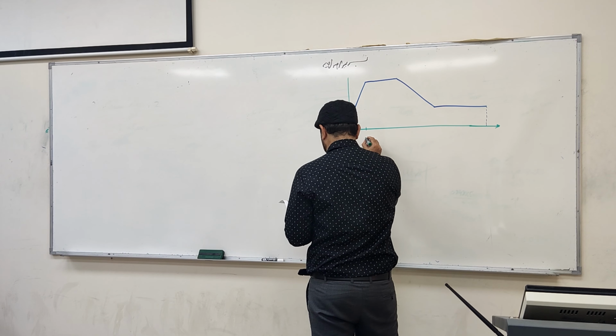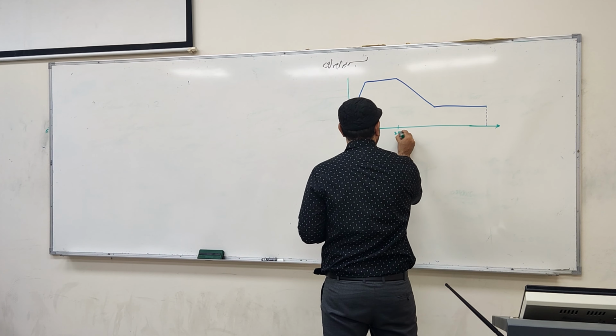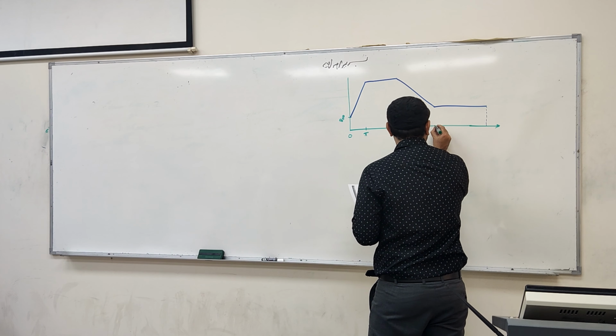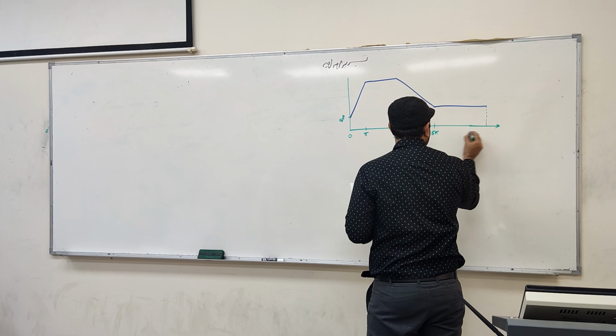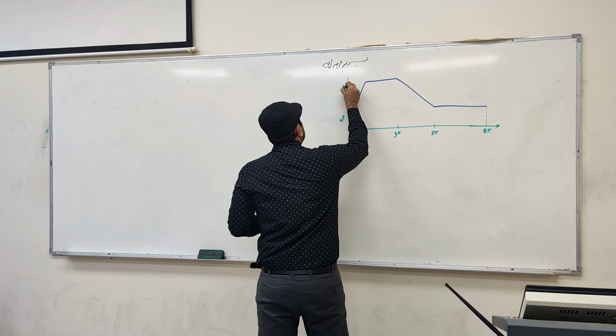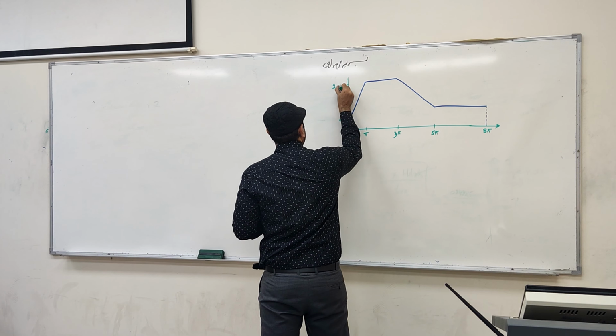This one is pi, 2 pi, sorry, 3 pi. This one is pi, and this value, because it's given in the data, is 3000.